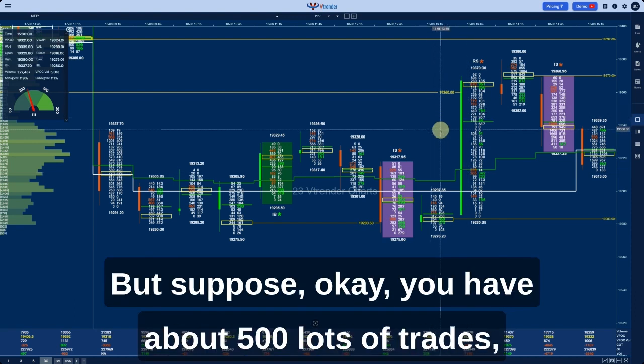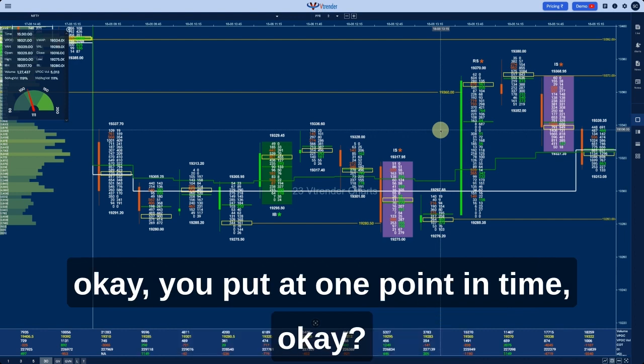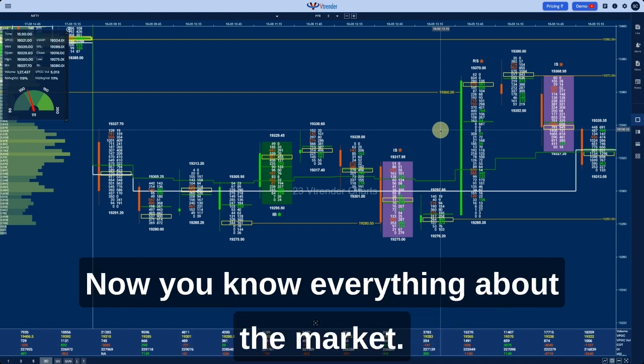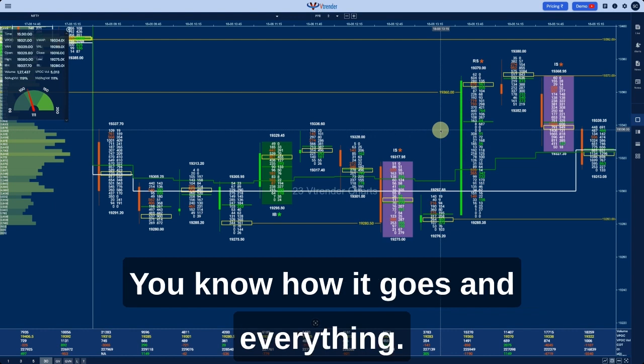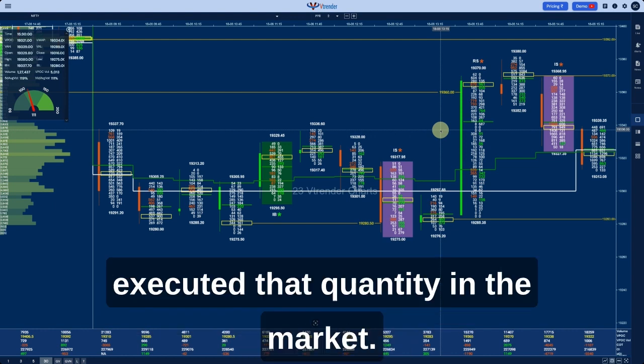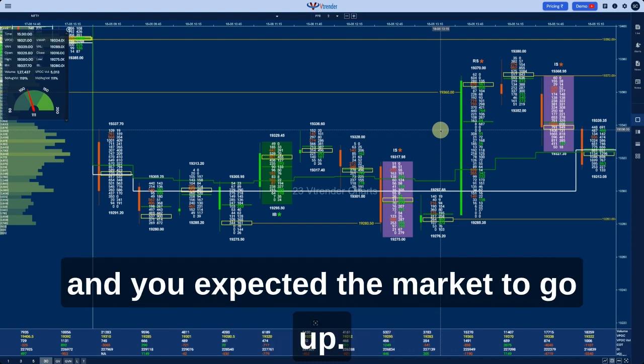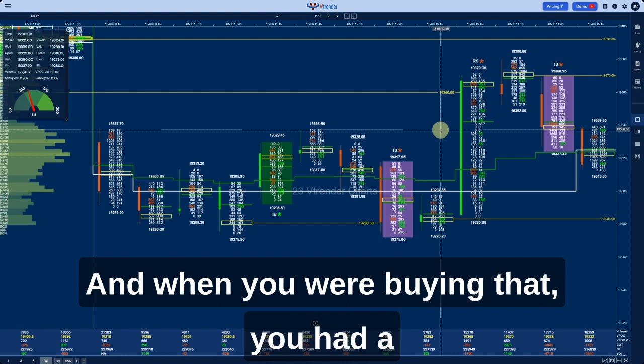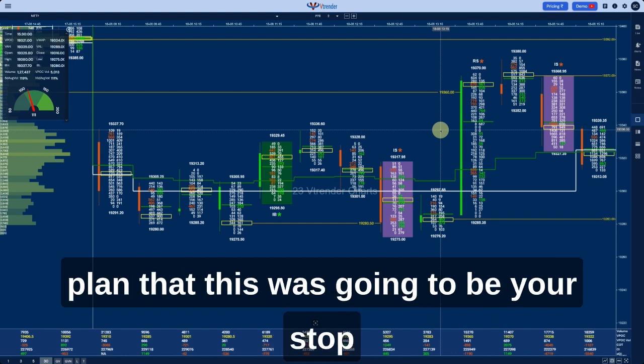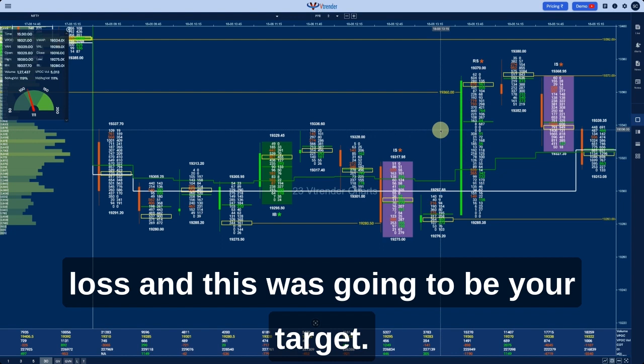You know how the market goes, you made a plan and you executed that quantity in the market. Suppose you bought those 500 lots and you expected the market to go up, and when you were buying that, you had a plan that this was going to be your stop loss and this was going to be your target.